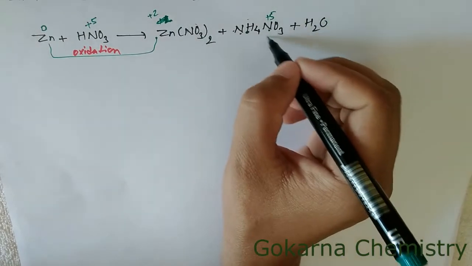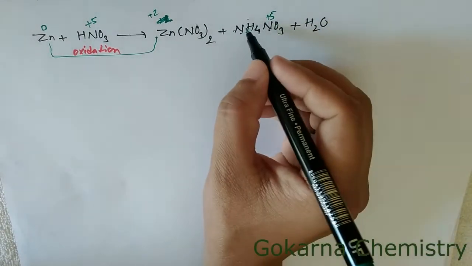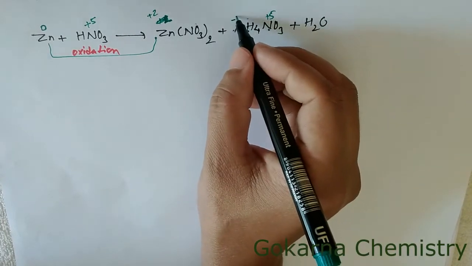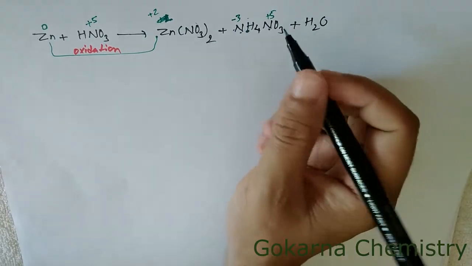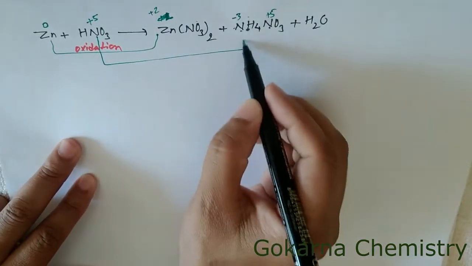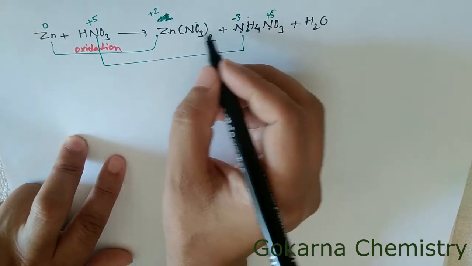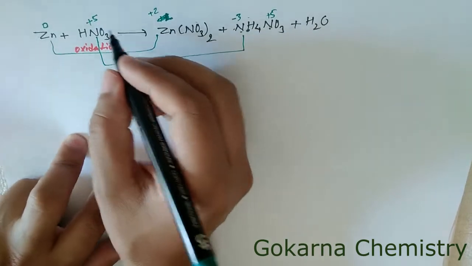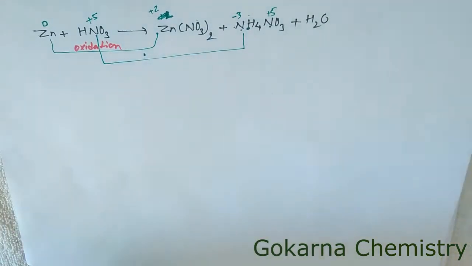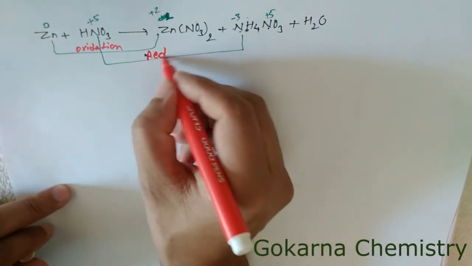If we put NO3-, oxidation number -1, then we can find the oxidation number for nitrogen is -3. So we have to take this nitrogen for reduction, +5 to -3. Decrease in positive charge is reduction, gain of electron. So this is reduction.